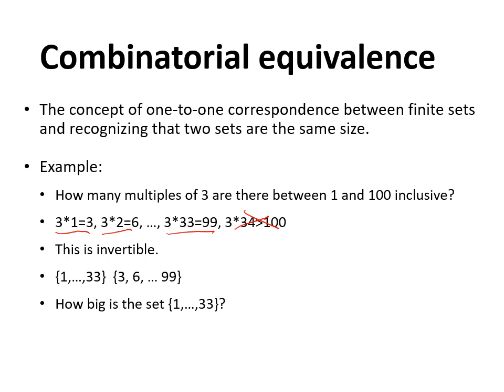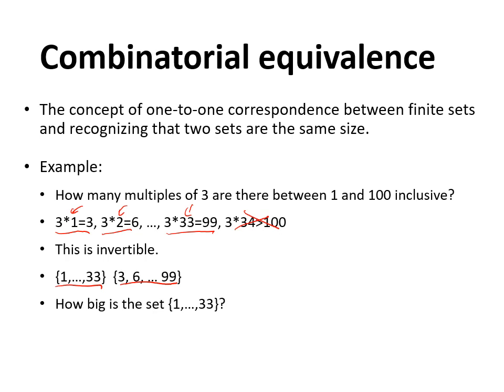So how many are there? What is the easiest way to count this? Well, we can invert this, and instead of counting how many multiples there are, we can count these multipliers here, because those go from 1 to 33, and so it's easy to count them.